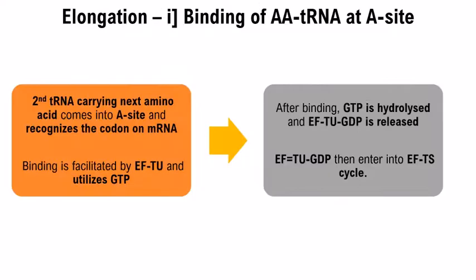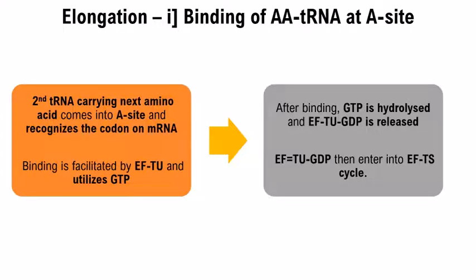The next step is binding of amino acid tRNA to the A site on the ribosome. The second tRNA molecule will carry the next amino acid and add it at the A site of the ribosome. Once the initiator tRNA with the first attached amino acid is loaded on the P site, in the next step another tRNA comes with its attached amino acid.